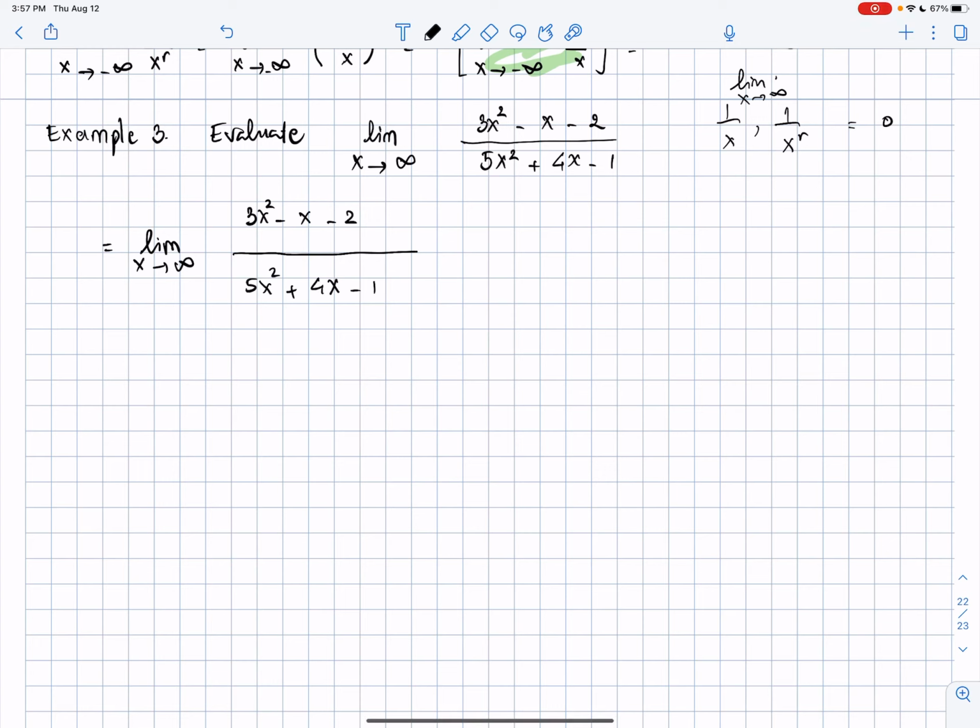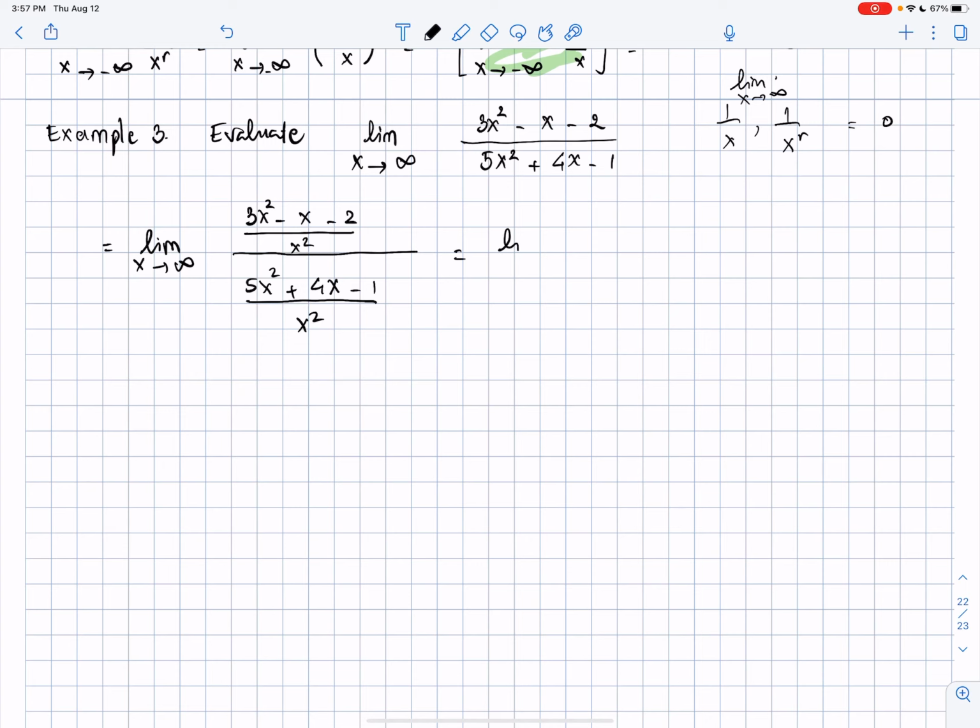If I divide top and bottom by the same number, x squared, the way to do it is to look at the biggest exponent, okay? This is the same thing because I divide by x squared on both top and bottom, so I keep the same expression. Another way to write it is like this.